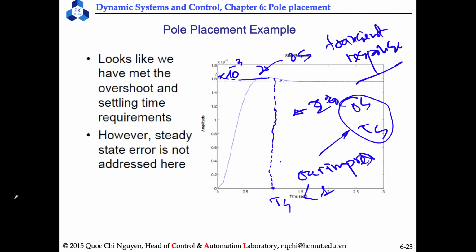However, here we still have a problem. I remind you, the characteristic equation, by pole placement, only deals with the transient response. We only solve the problem of the transient response.